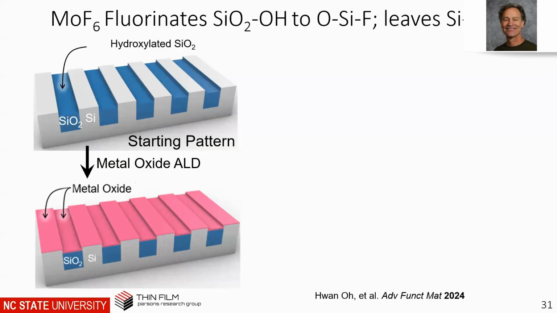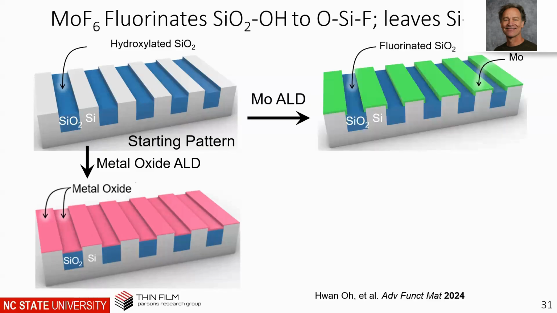So we said, okay, let's put down this molybdenum, and then let's try the metal oxide. Maybe now the metal oxide won't go on the molybdenum, and we can grow it, because over here, see that, it grows on both the silicon and silicon dioxide. So maybe it won't grow on the molybdenum, it'll just grow on the silicon dioxide.